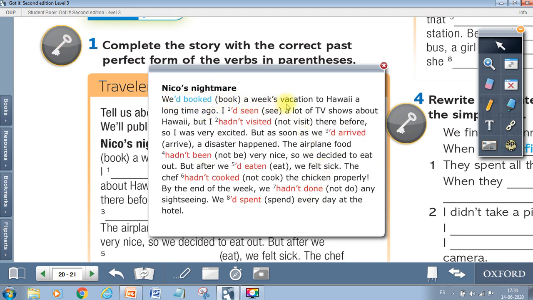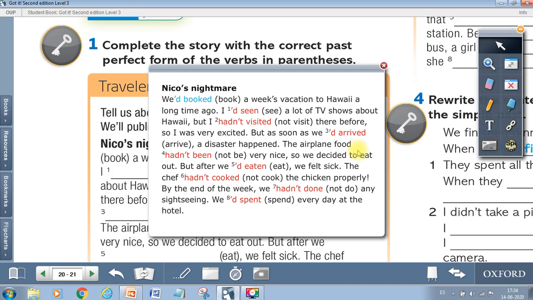We'd booked a week's vacation to Hawaii a long time ago. I'd seen a lot of TV shows about Hawaii, but I hadn't visited there before. So I was very excited. But as soon as we had arrived, a disaster happened.